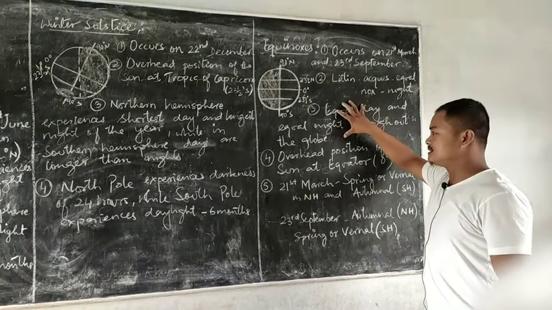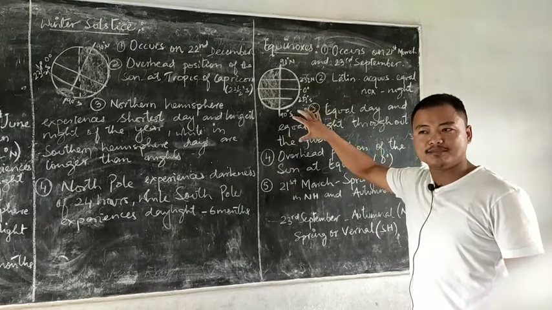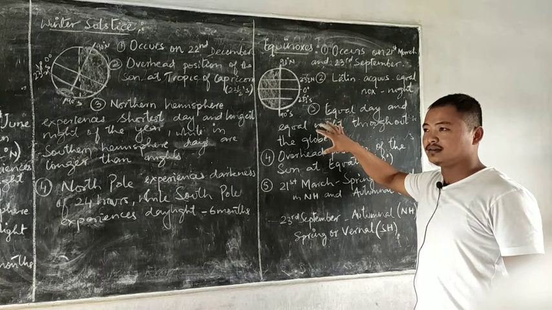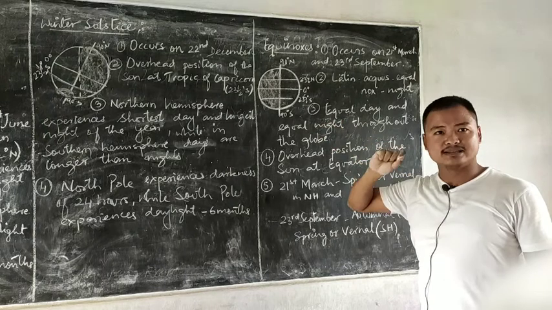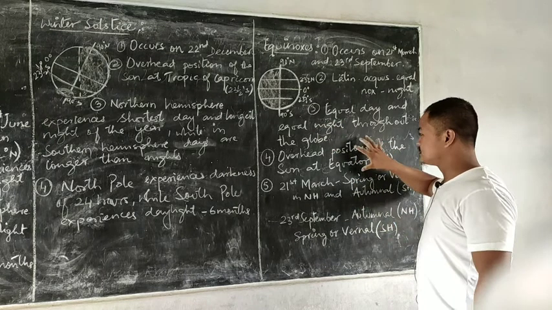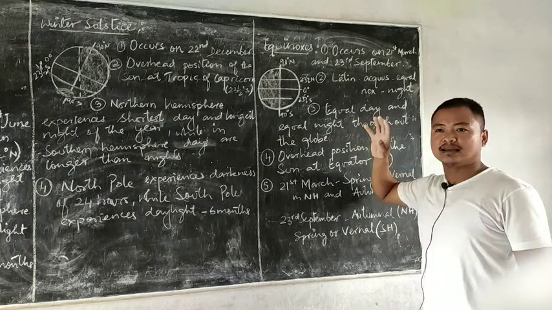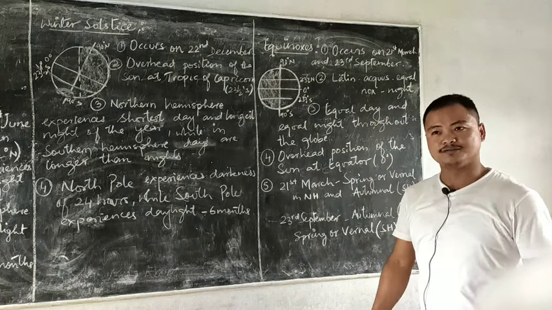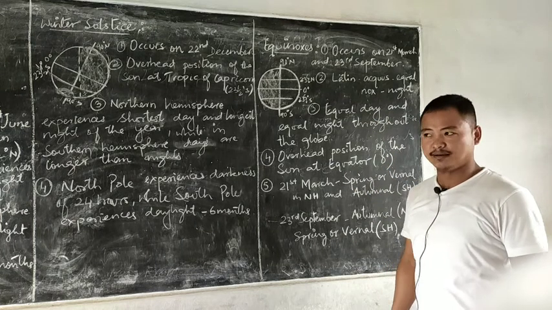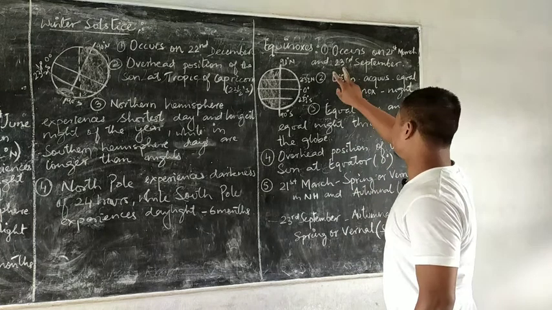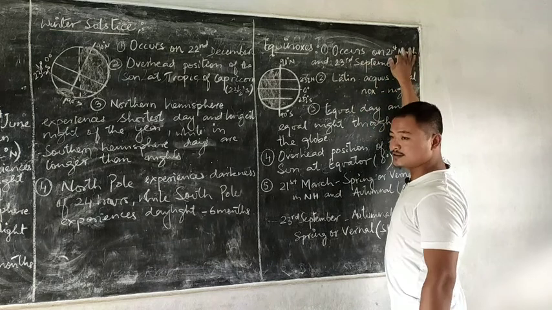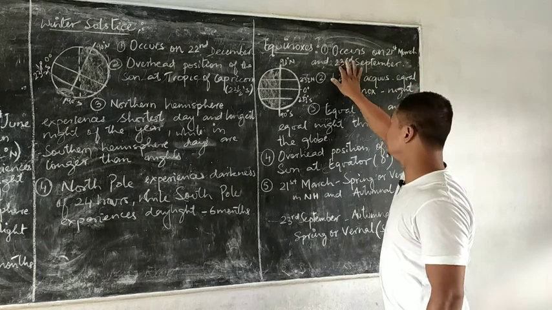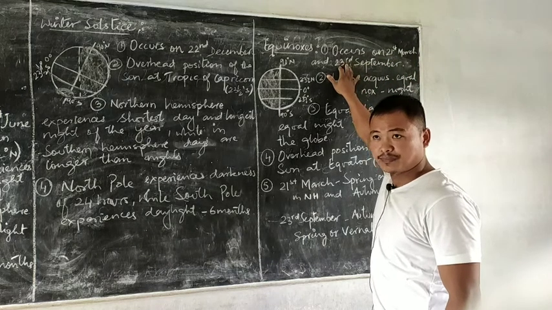Why this happens is because at this point of time, the sun lies in an overhead position over the equator, that is 0 degrees, and this is experienced on two occasions, 21st of March and 23rd of September.